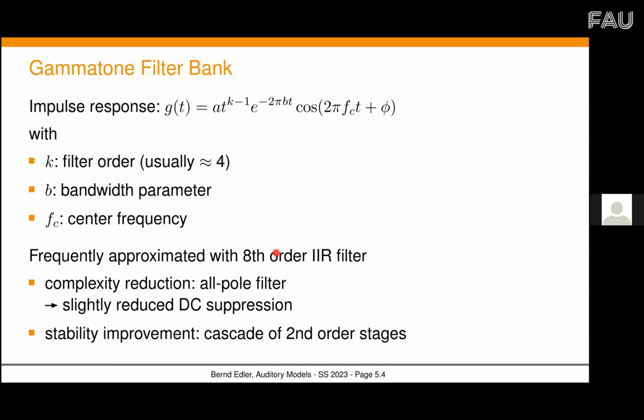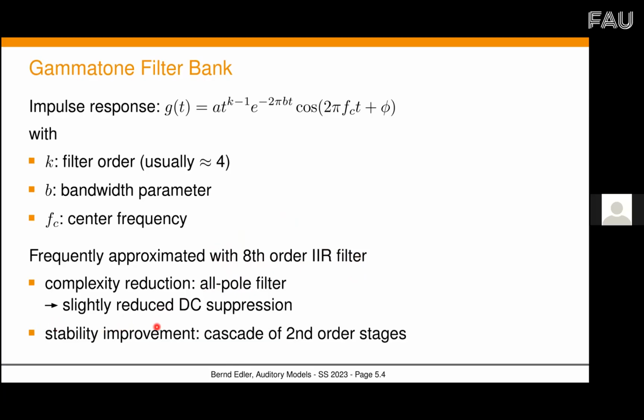You have a filter with 50 hertz bandwidth and at a sampling frequency of, for example, 48 kilohertz for audio signals. Then it's so narrow that the poles are moving very close to the unit circle, and by rounding errors, even in double precision, you can get instabilities if you implement them as the direct form of an 8th order IIR filter, which would be the most straightforward thing to do.